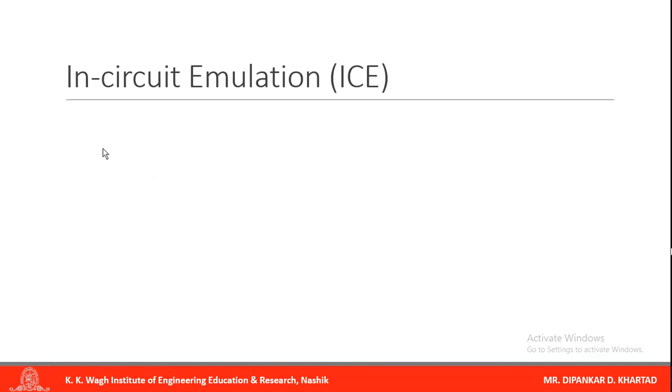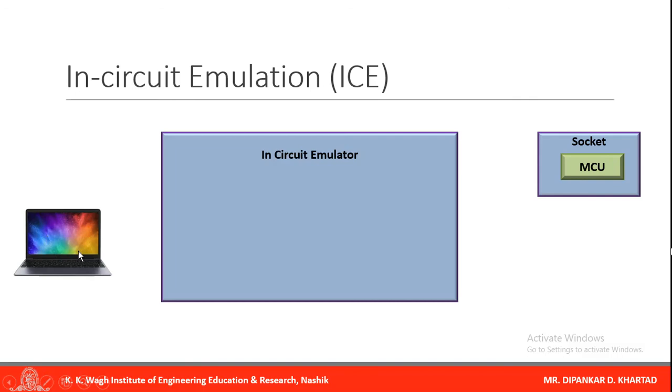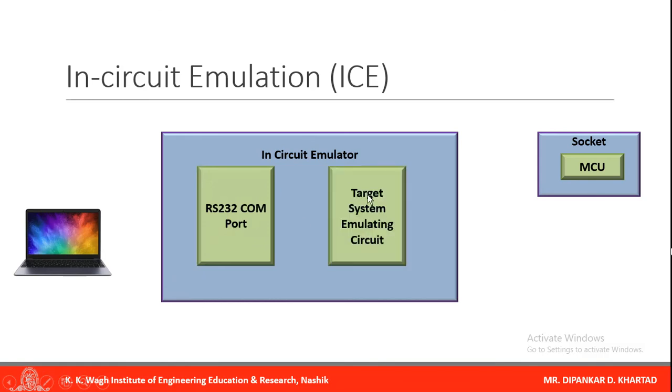So in in-circuit emulation, there will be one socket, and on that socket our microcontroller unit will be there, and we have our PC, and in between there is the in-circuit emulator. There will be an RS-232 COM port or USB port and target system emulation circuitry.